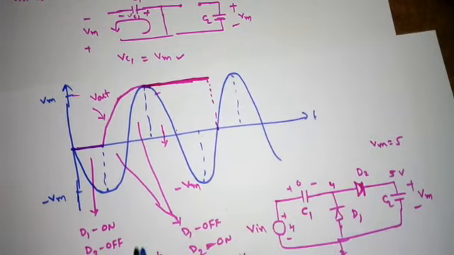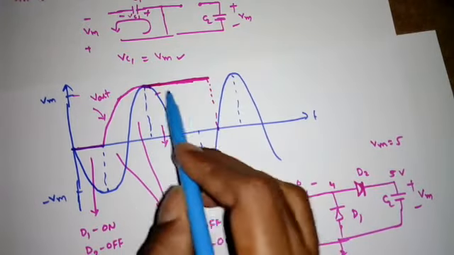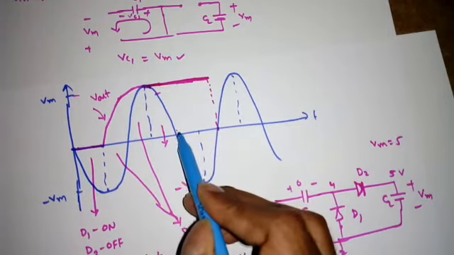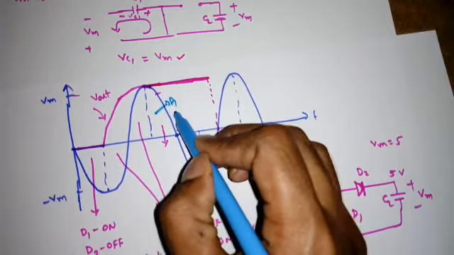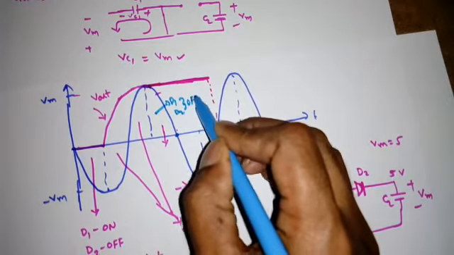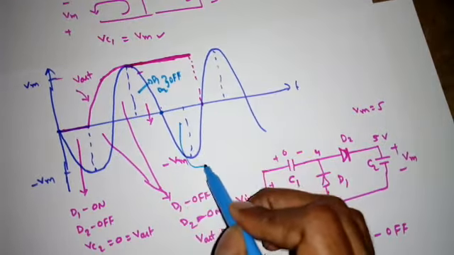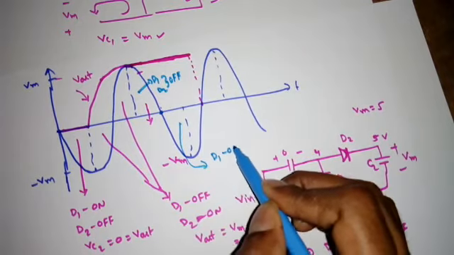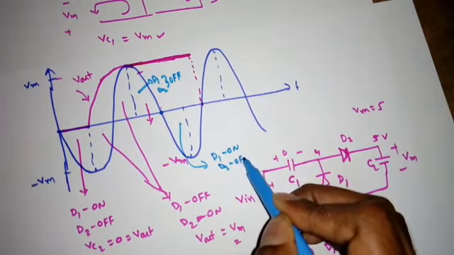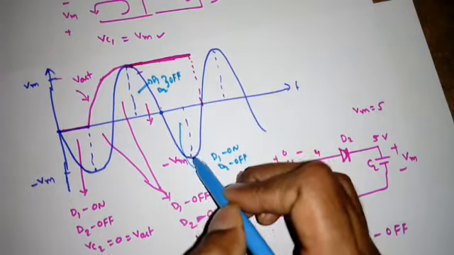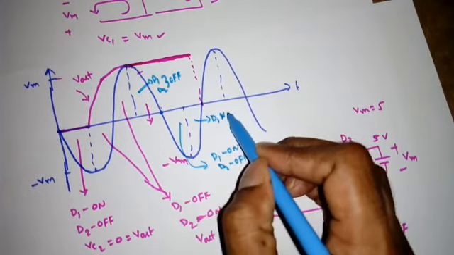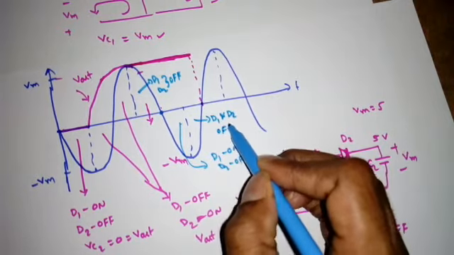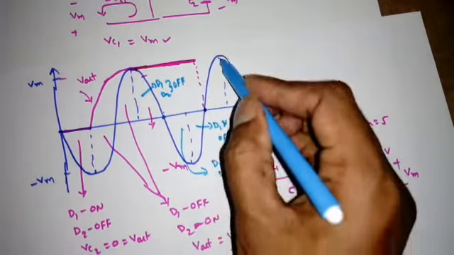So I can say like this, from minus Vm to 0, D1 and D2 are both off. Now we'll see from 0 to Vm.